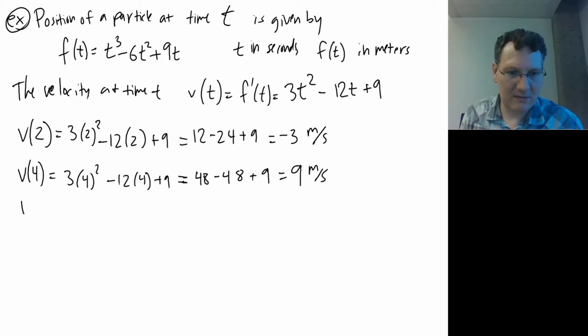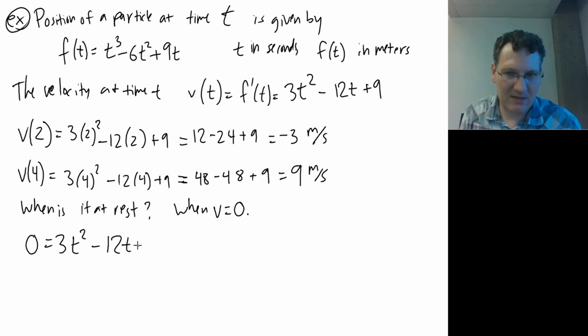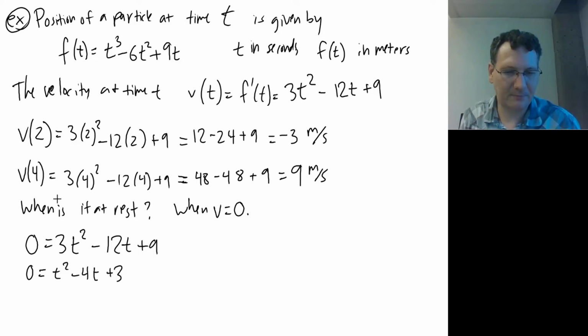When is it at rest? When the velocity is equal to 0, this object will be at rest. So that's going to happen exactly when 0 equals 3t squared minus 12t plus 9. I'm going to divide everything by 3. That's the same as when 0 equals t squared minus 4t plus 3.